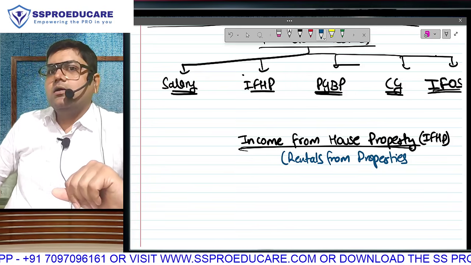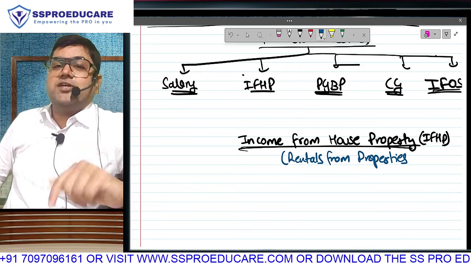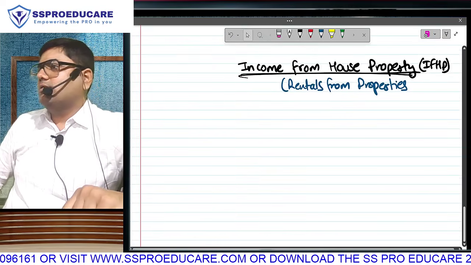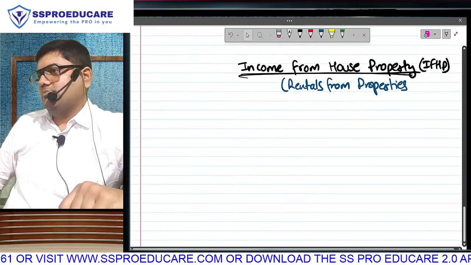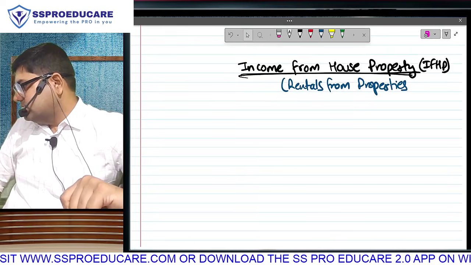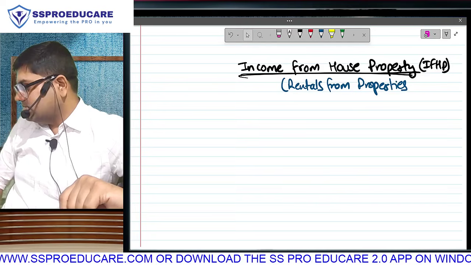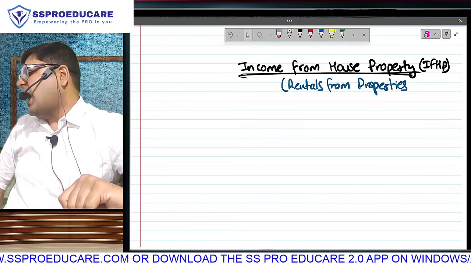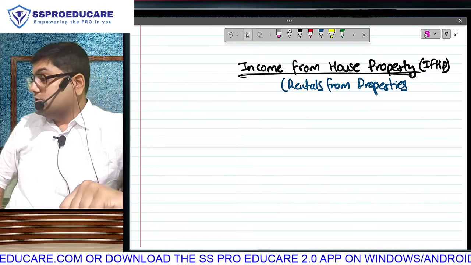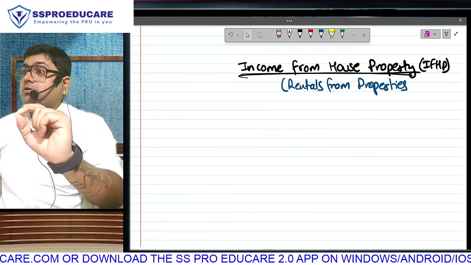Correct? Now, at the beginning of the chapter itself, there is a game. Rentals is written in brackets, and the bracket is closed. I haven't closed the bracket because the name of the chapter is what?